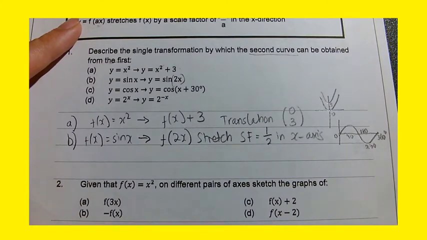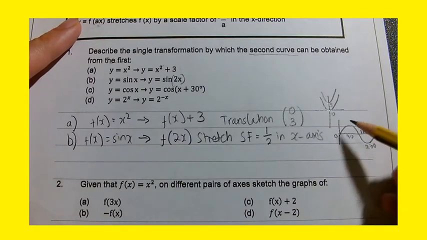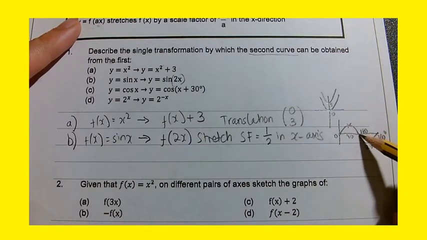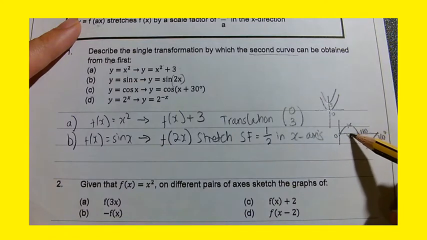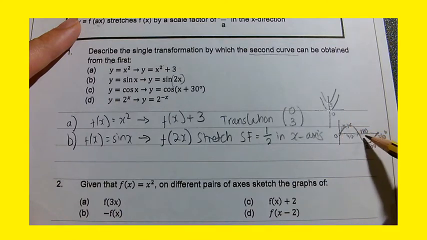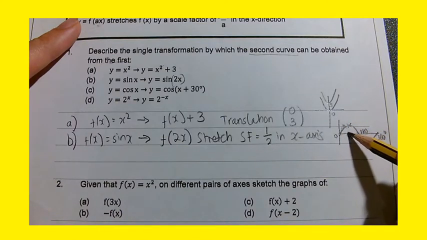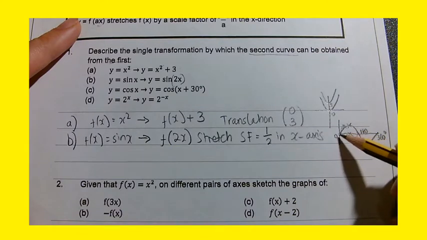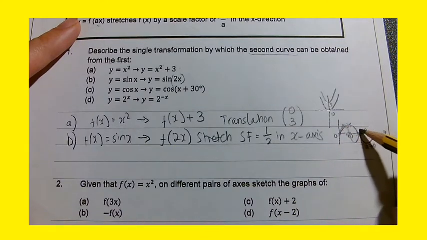Okay, and when you stretch that by half in the x-axis, it's going to compress. So these major points, 90, 1, will happen at 45, 1. This point here, 180, 0, will now happen at 90, 0, etcetera. So you're going to get a more compressed curve. You have 2 revolutions there.